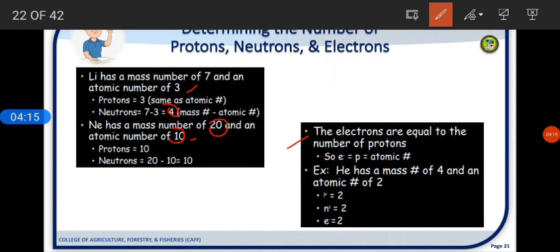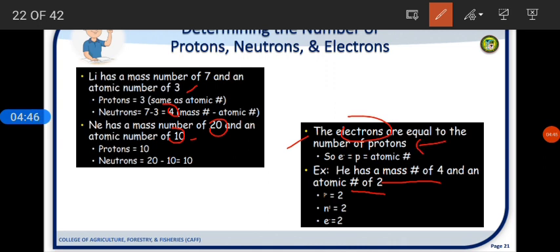Okay? Look at that one. It has a mass number of 4 and an atomic number of 2. So helium has how many protons? 2. And how many neutrons? 2. How many electrons? 2. Okay? Don't forget that one. Electrons are equal to the number of protons.